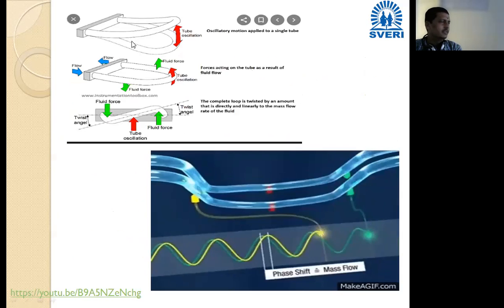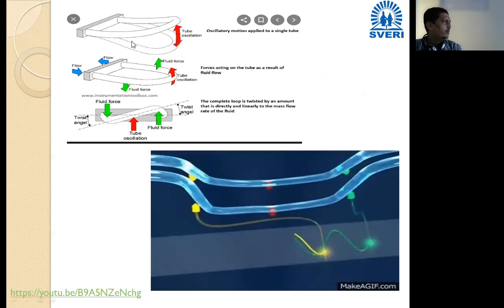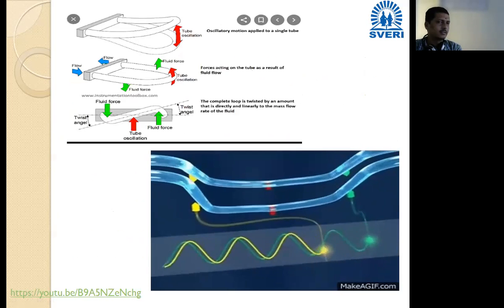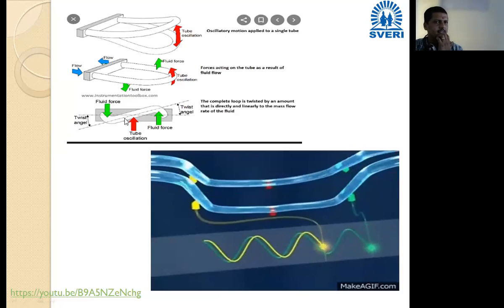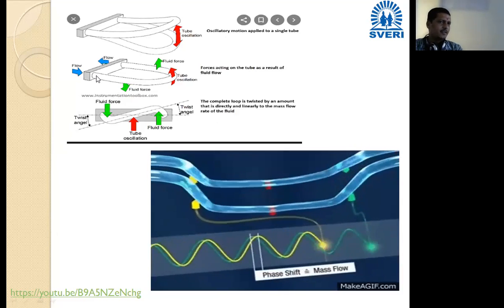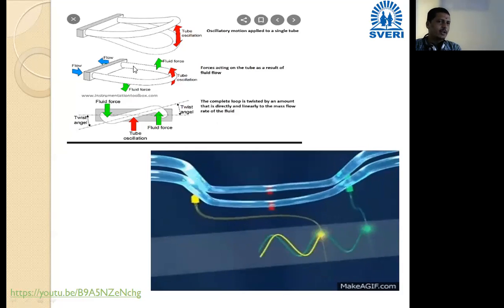This diagram is in 3 dimensions. If you want to draw it as a freehand sketch, draw this diagram. See the construction, flow inlet and flow outlet.